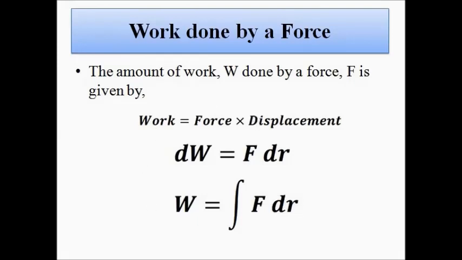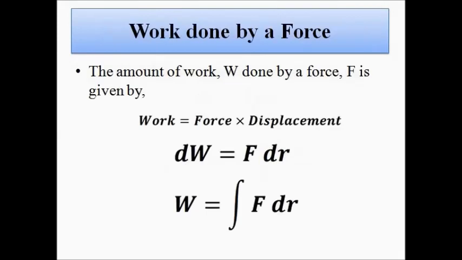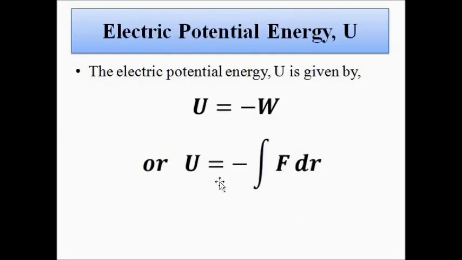Now the electric potential energy, as I said, is the negative of this work, that is minus W. So U is equal to minus the integration of F dr. So this is the electric potential energy.